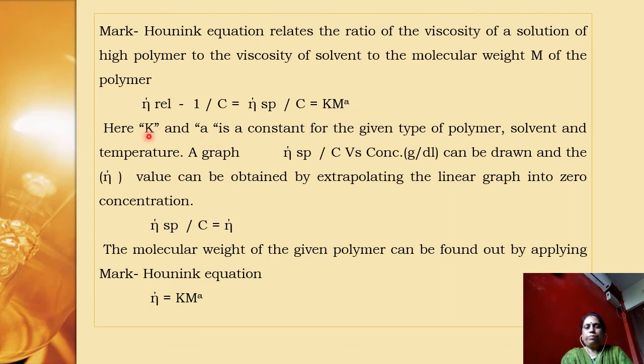In this equation, K and a are constants for a given polymer, solvent and temperature. A graph of eta sp by C versus concentration can be drawn, and the intrinsic viscosity eta is obtained by extrapolating the graph to zero concentration. The molecular weight of the polymer can then be found by applying the Mark-Houwink equation, eta is equal to K M power a.